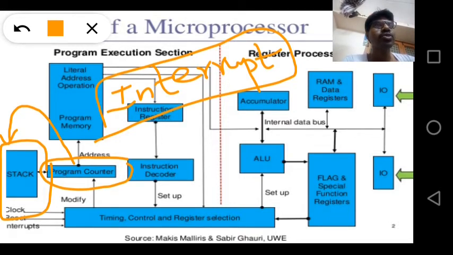So what has to be done? It has to finish the current instruction execution once it receives an interrupt. After that, the processor sends the interrupt acknowledgement signal saying that it received the interrupt, and after that it has to do some household things.